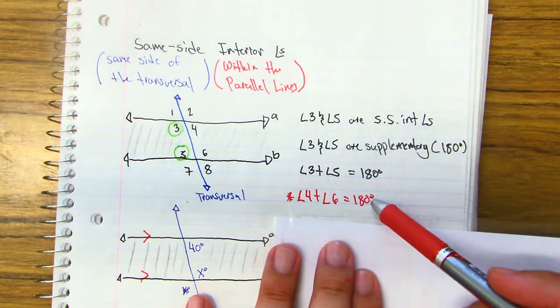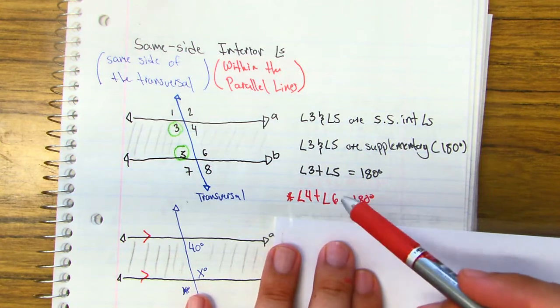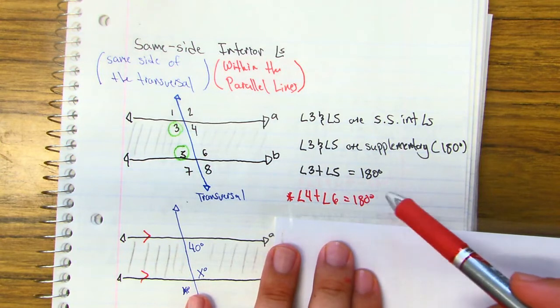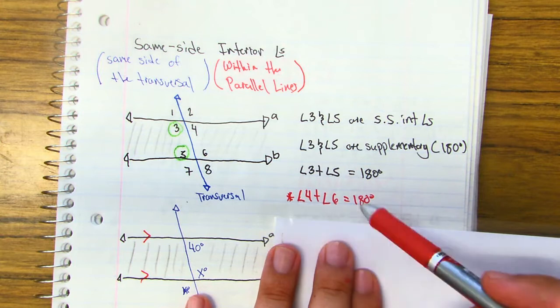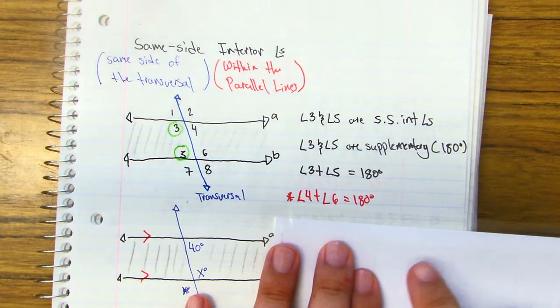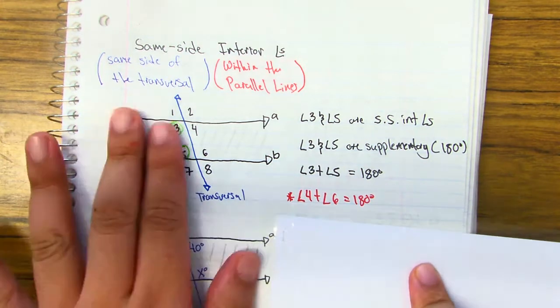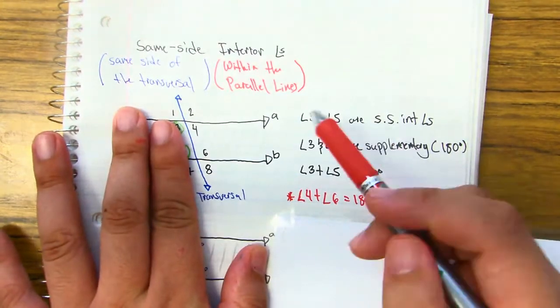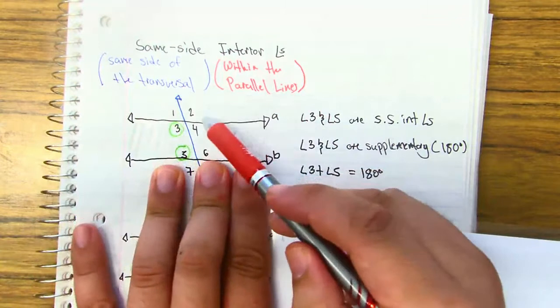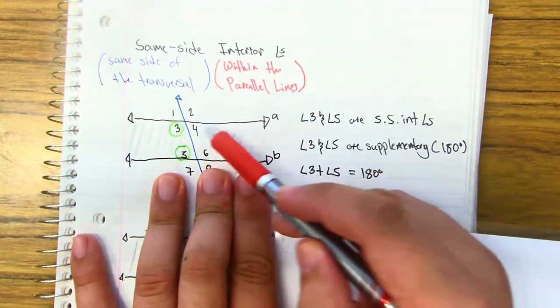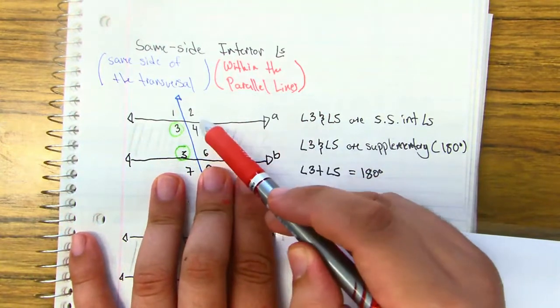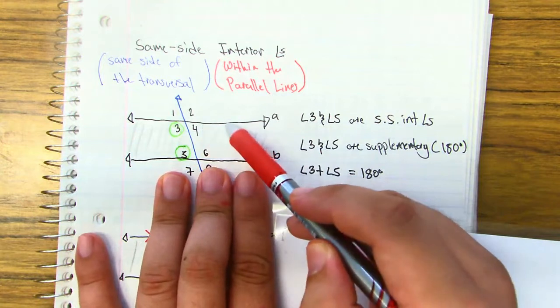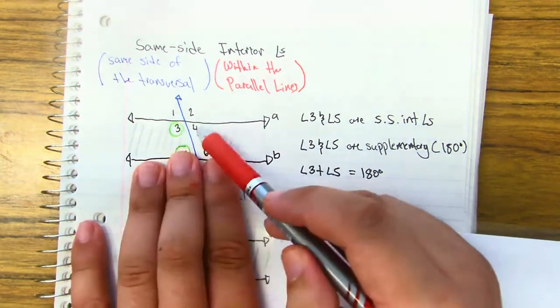Another example here for same side interior angles is angle 4 and angle 6 equal 180 degrees. Here I didn't provide reasoning just so we can save time. But how are angle 4 and 6 180 degrees? Because in parallel A, we're only focusing on the interior. In parallel A, angle 4 is on the right side of the transversal.